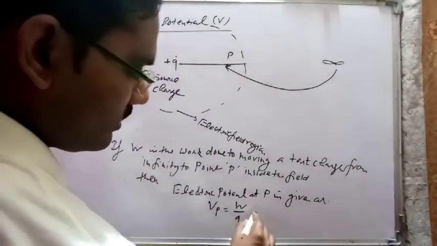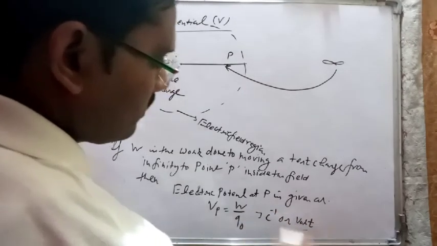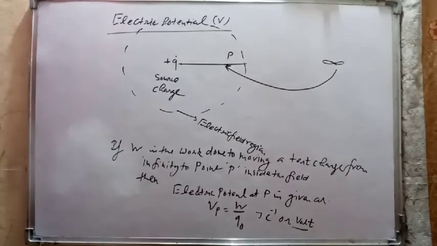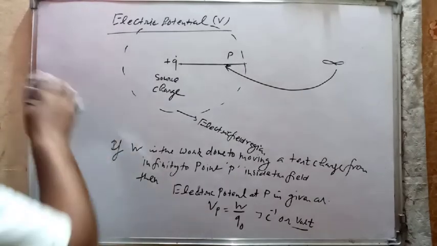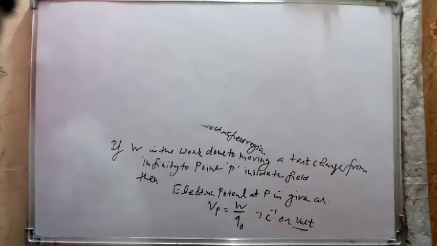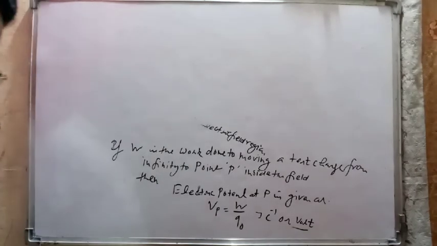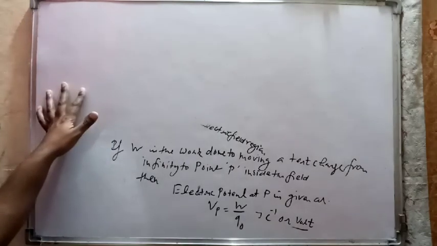What is the unit? Joule per coulomb. It is also known as volt. Electric potential at any point in electric field is also defined as the electrostatic potential energy per unit test charge. There are two definitions of electric potential.